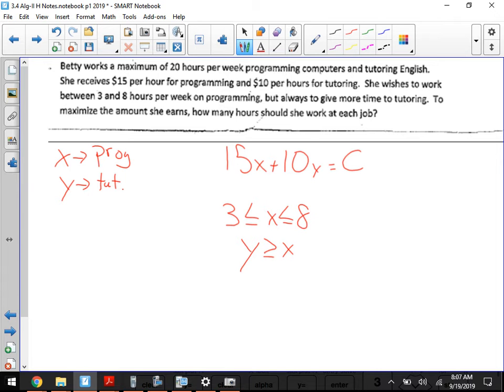Y greater than X. Okay, so in this case here, you want to spend more time doing one thing versus another.